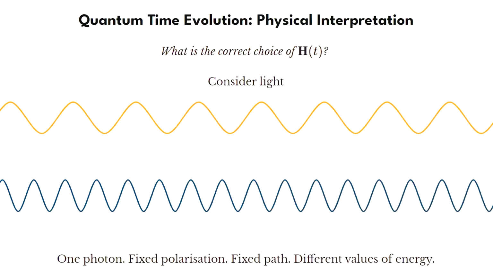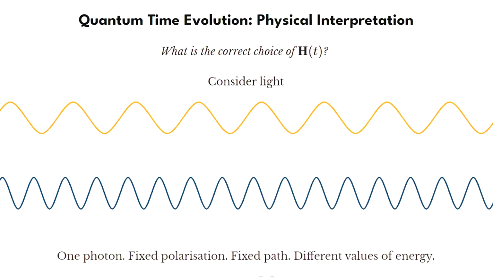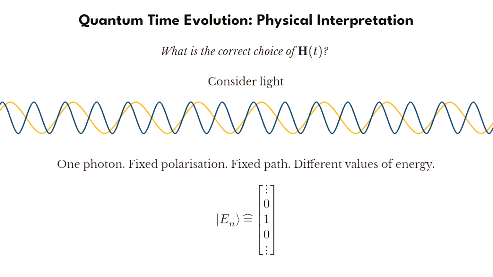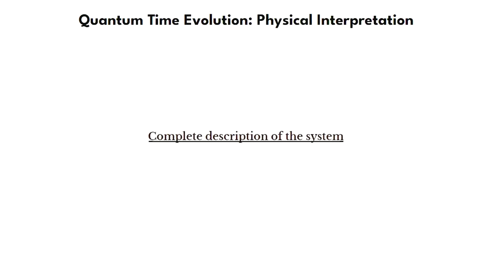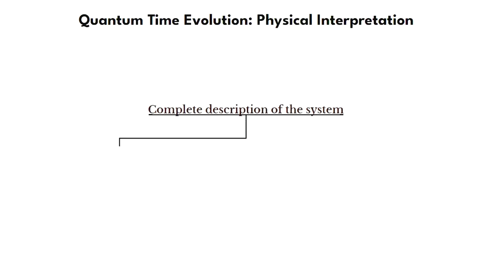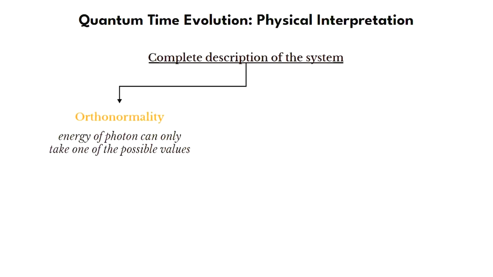Now let's consider when we allow different values of energy. We actually introduce more degrees of freedom. Now the question is, what are the properties of these degrees of freedom? These are the rules which give the complete description of the system.